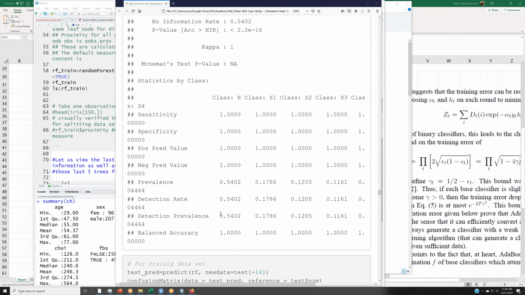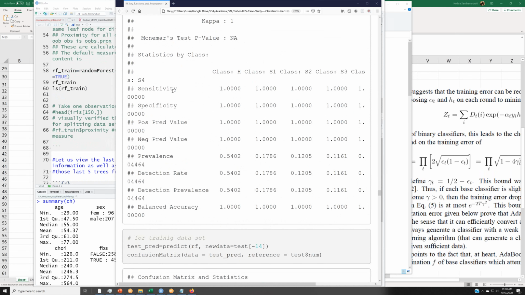Okay. And then there are other types of measurements. Remember, these are all things you have to learn. Sensitivity, specificity, and this is for the training data.